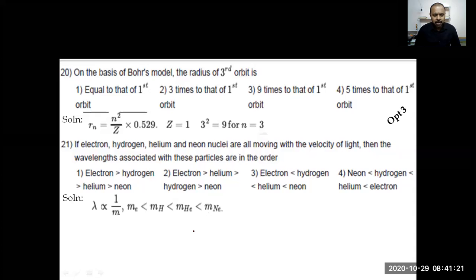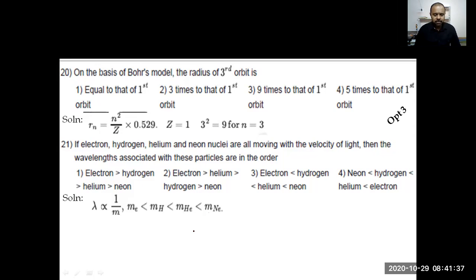Wavelength lambda is inversely proportional to mass of the particle. As mass increases, wavelength decreases. Electron has the least mass, then hydrogen, helium, and then neon. When mass is less, wavelength is more. So option 1 is correct.